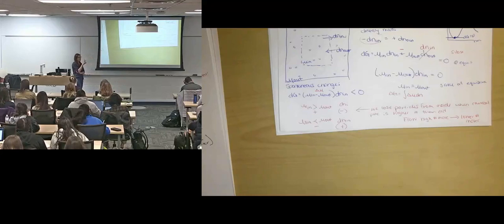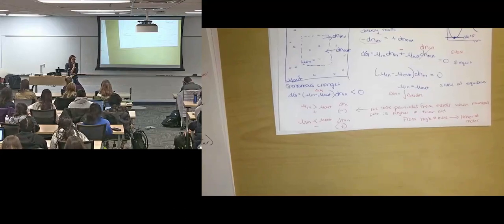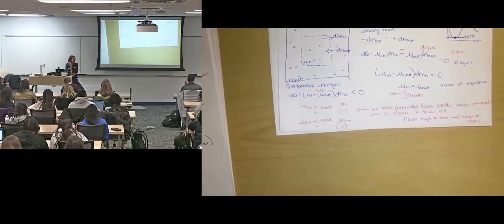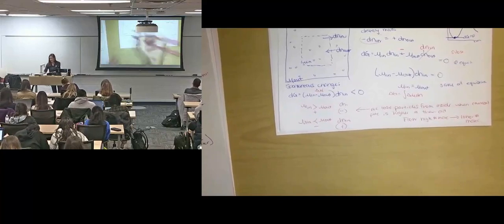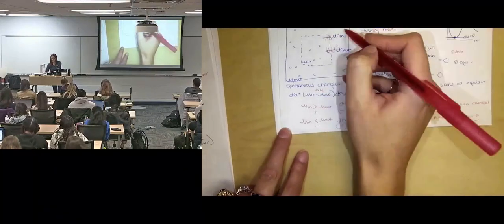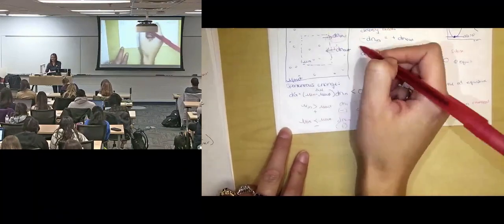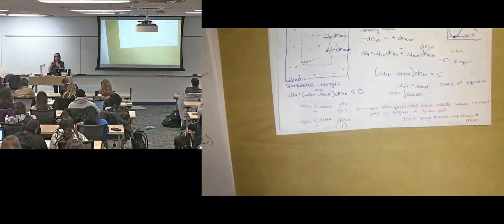It doesn't matter which way you write it, so long as when you think of N sub in as the number of moles on the inside, and that when they flow out, you're only looking at the change on the inside, and it would go down versus the other way. Because you're right, dN, they flow in when it's the other difference in chemical potential. So the arrows were just for the story I was telling at that time. Don't maybe dwell on these. This is the change in how many are in the inside. This is change in the outside, and the direction they flow goes both ways.